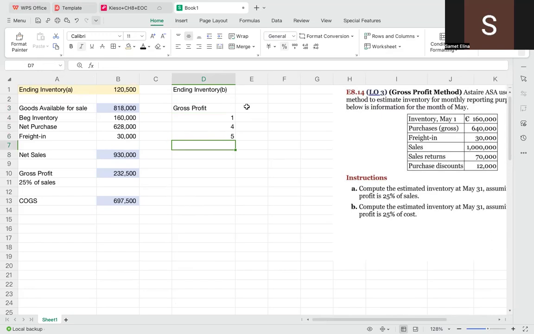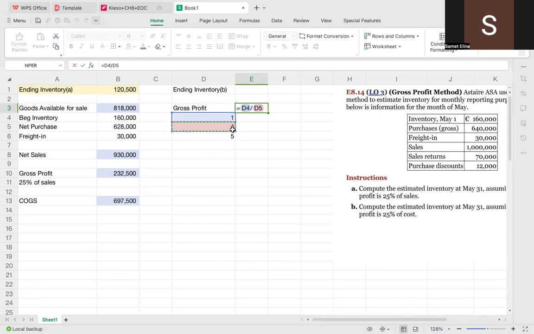Is that understandable? Let me explain this way. Gross profit is 25% of cost. Every time when we earn $1, we need to spend $4 for that, 25%. This is comparing with cost.